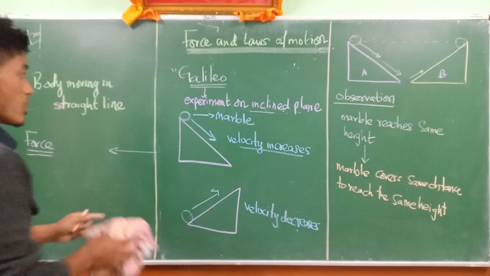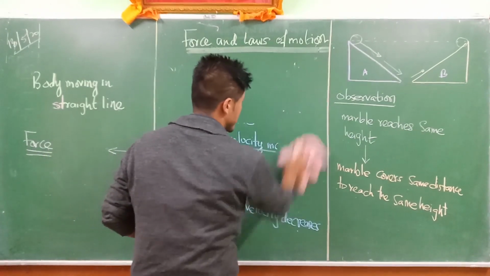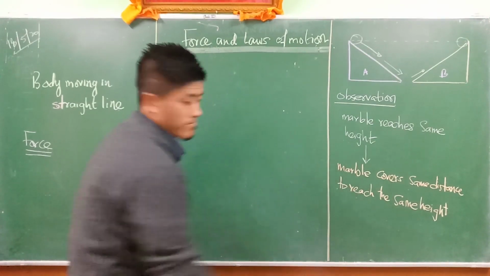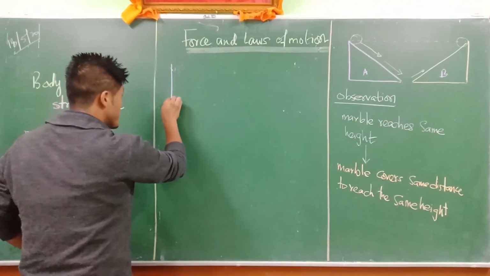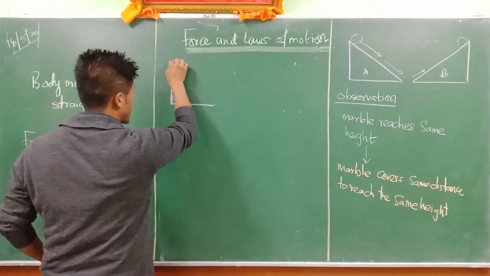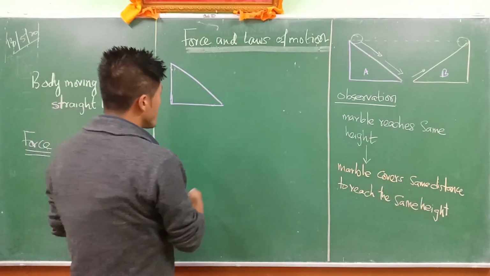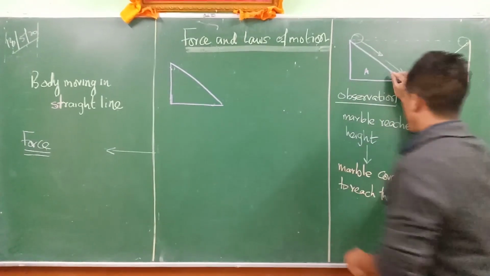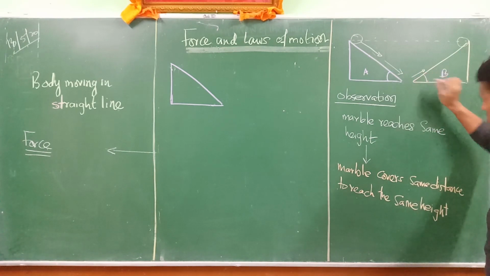Now secondly, what he did: he's going to keep this one straight here, the same one, the previous one, that is the inclined plane A. Now in the case of the second one, please try to see, there is an angle here, and there is another angle over here.